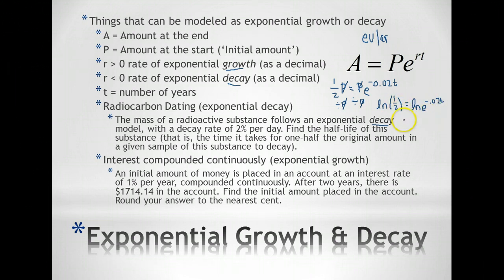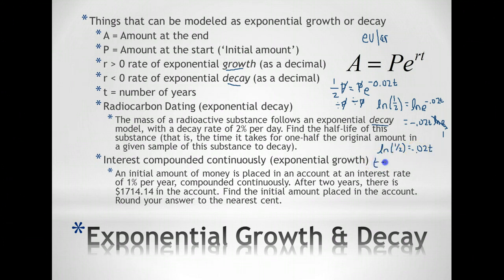I have the natural log of 1/2 is equal to negative 0.02 t times the natural log of e. The natural log of e, everybody, is 1. So this ends up being the natural log of 1/2 is equal to negative 0.02 t. Divide both sides by negative 0.02 to get my answer.